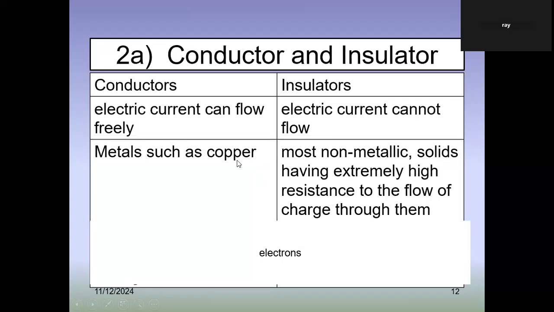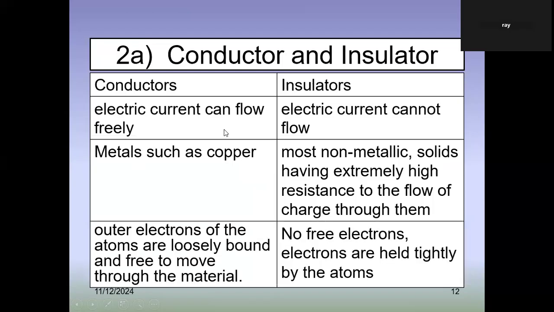Why is there a difference? An example of a conductor is copper, mainly metals. Most non-metal solids have extremely high resistance to the flow of charge through them. Is there a non-metal that is a conductor? Carbon.